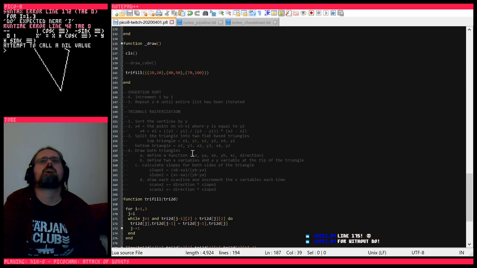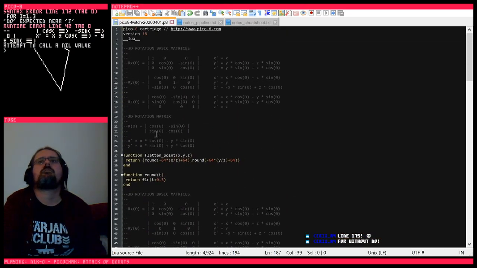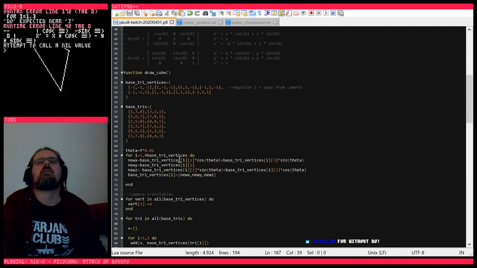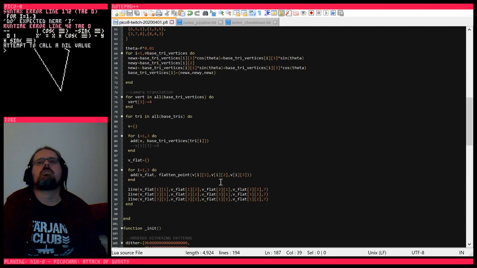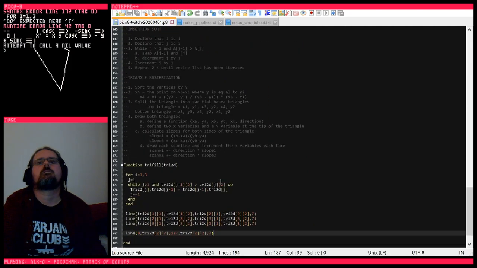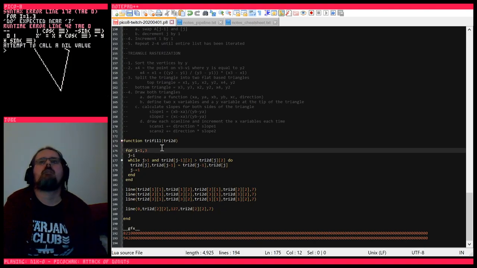It looks like it's interpreting some of these things here as instructions. I don't know why it's doing that. Oh yeah, and I'm missing a do here.